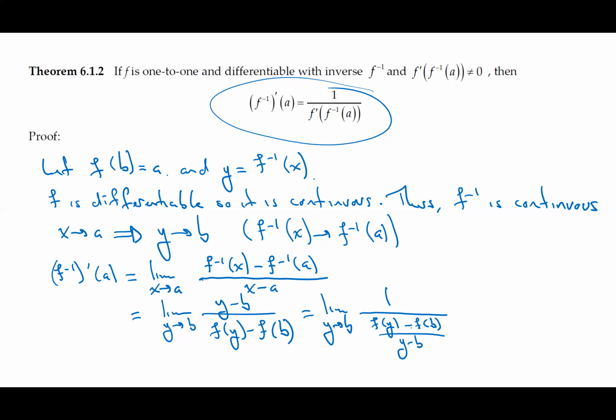Well, this denominator should look very familiar, right? This denominator here is itself f prime of b. So I have 1 over f prime of b. Oh yeah, what was b? 1 over f prime of f inverse of a. And that proves it, okay?